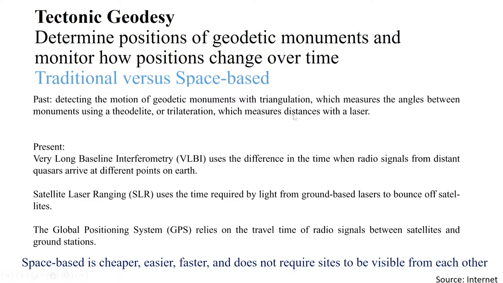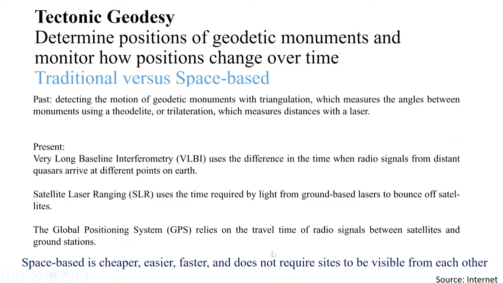Earlier we were using theodolite based methods, but they are not so precise in horizontal movement, though very good in vertical movement. And then VLBI and SLR. That's why GPS brought a revolution: it is cheaper, easier, faster, and doesn't require the sites to be visible from each other. In the old techniques we required line of sight, but in the present case we don't.